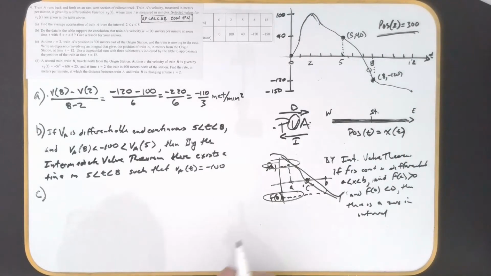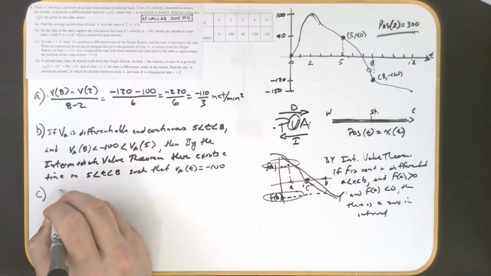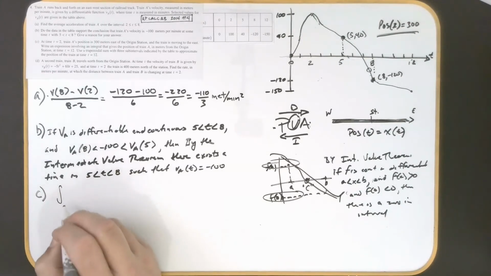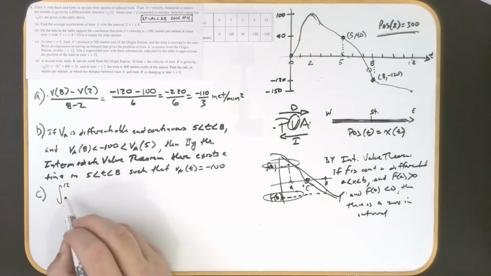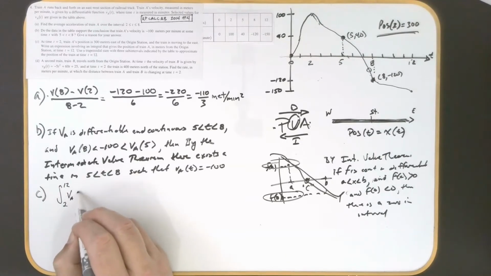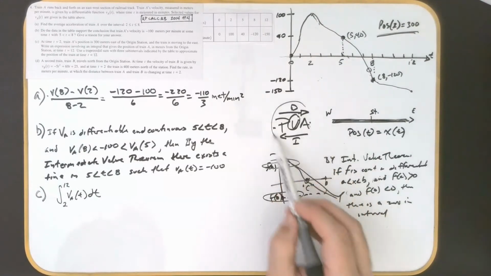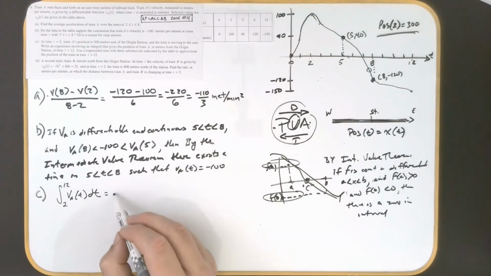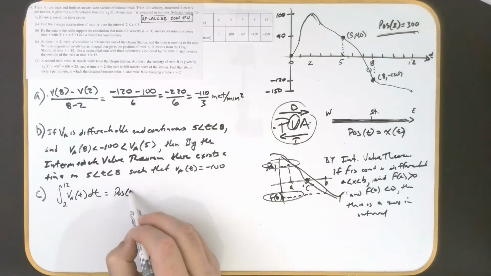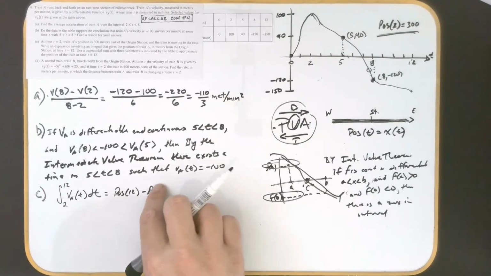And what they want to know is where's the train at the 12th minute. So what we're going to do is set up an integral. And we're going to say, well, if we integrated the velocity from 2 to 12, let's see what we would get. So this is a common concept right here with PVA. We're integrating the velocity, and what that's going to give us is the position: the position at 12 minus the position at 2.